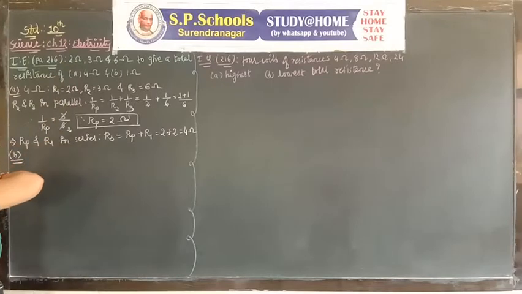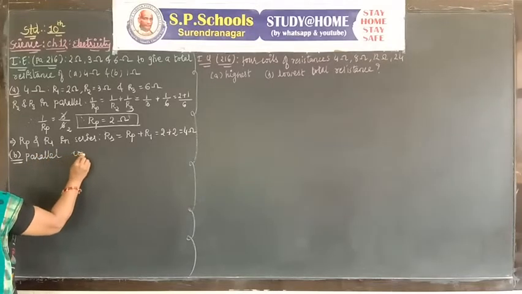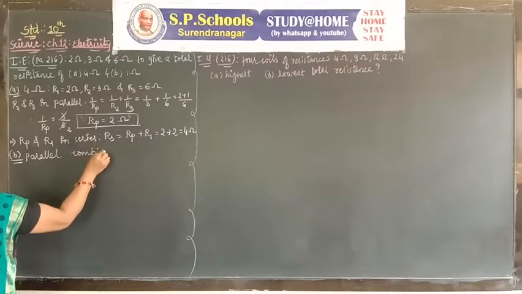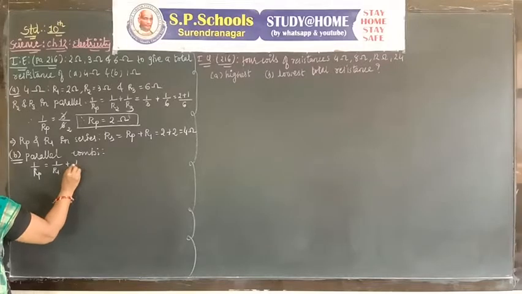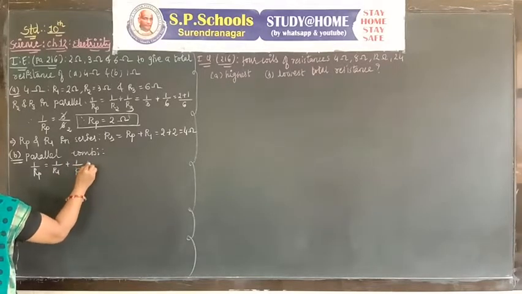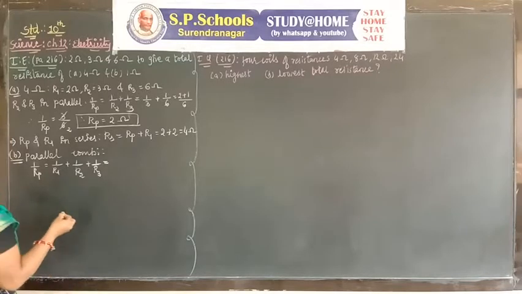So we arrange all three resistances in parallel combination. So 1 upon Rp is equal to 1 upon R1 plus 1 upon R2 plus 1 upon R3.